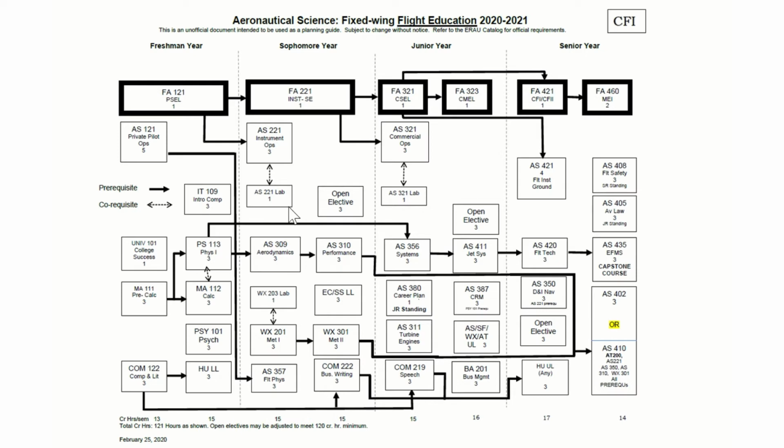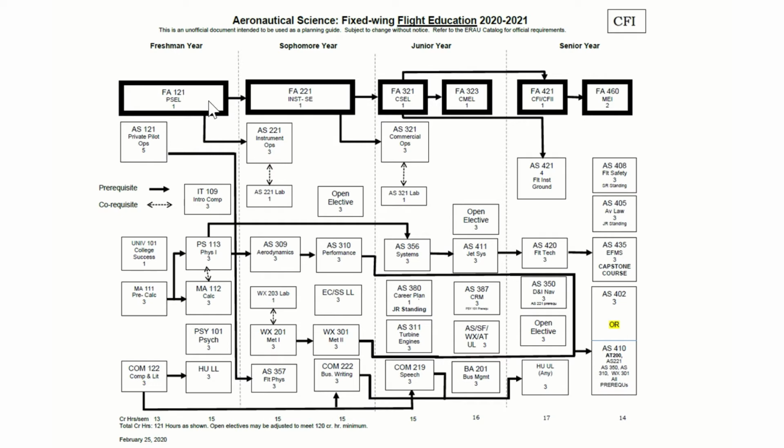So we have to be mindful of when we take the ground courses. If you take it too soon, you run the risk of forgetting all the content and having to spend a lot more time and potentially money reviewing while you're in that flight course. So we want to keep them in line as much as possible.